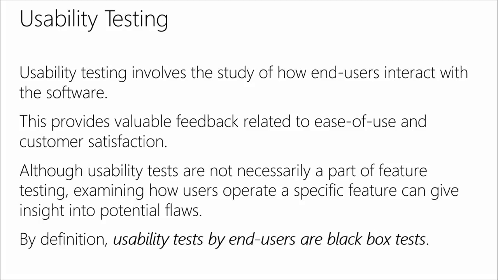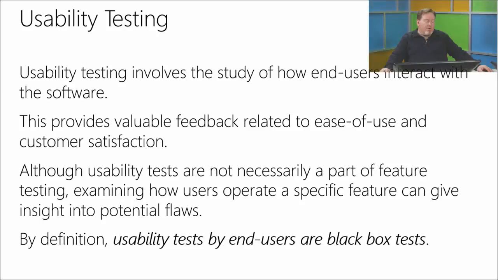This type of usability testing provides valuable feedback for ease of use and also customer satisfaction. Although usability tests are not necessarily a part of a feature test, it does explain how the user operates a specific feature of any given application to be able to expose any flaws.